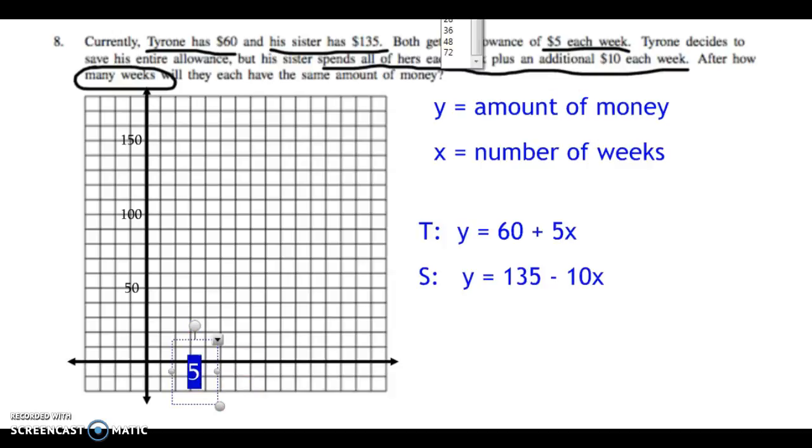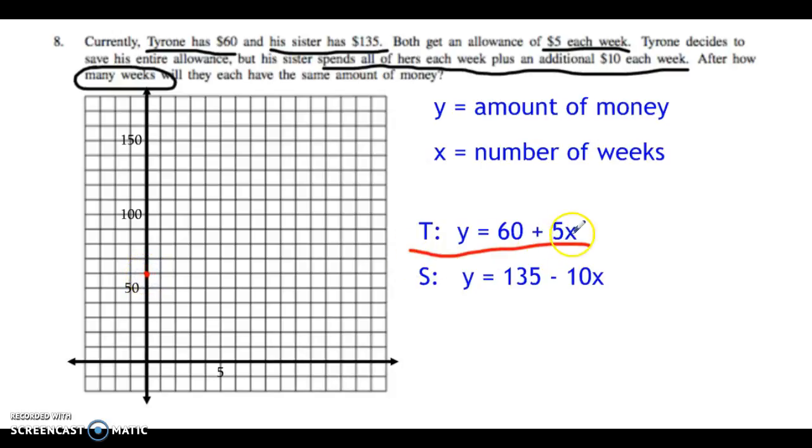So keeping in mind that we're trying to scale it so that we can use the data that's given to us: 3, 4, 5. Okay, hopefully we won't have to use too many more than 5. For the first equation, which is y equals 60 plus 5x, that's Tyrone's equation. We'll use red for that one. We'll start at 60, which is our y-intercept, so that's here.